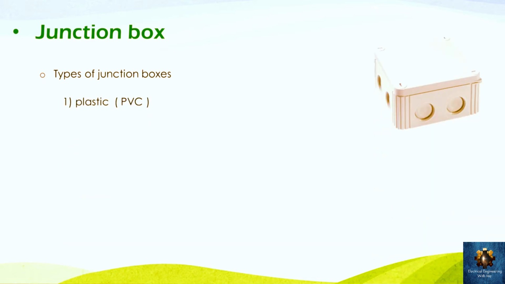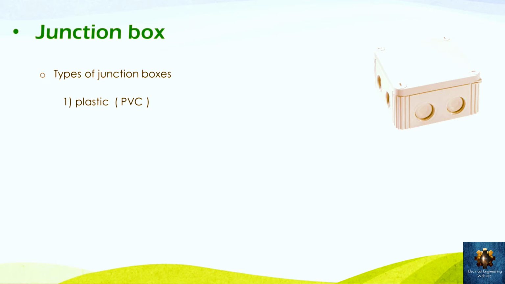Now the important question is, what are the different types of those junction boxes, or what are the different kinds of junction boxes we can use in the distribution system? Here we say that the first type of the junction boxes is the plastic junction box, or the junction box which is made of the PVC material, which is the polyvinyl chloride. And this is one shape of the plastic junction box or the PVC box.